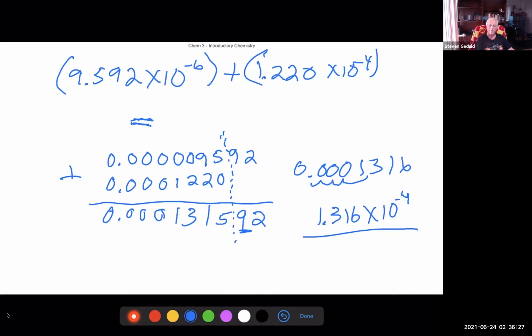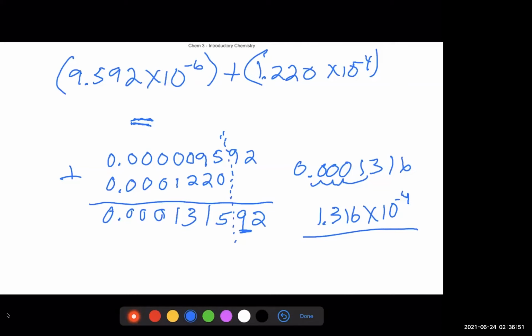On my calculator, I got 1.32 times 10 to the negative 4. Correct, but it rounded it off. Okay, that would be fine too. Yeah, well, it should be 1.316. You have to be as accurate as your original numbers. But your calculator is set to round it off. But that would be okay.